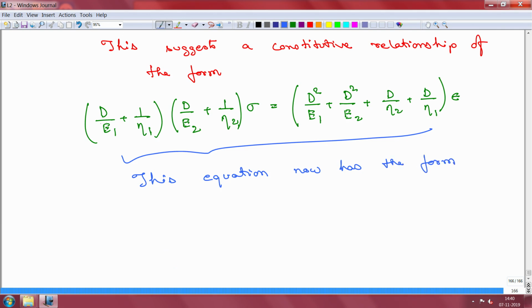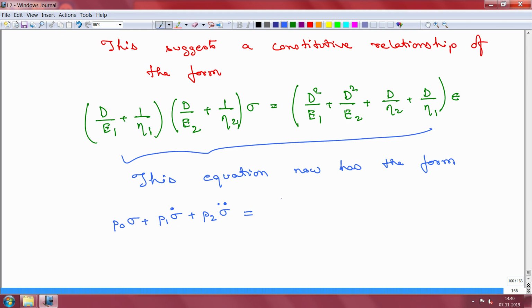Here you will have a double derivative of stress, a single derivative of stress, and also one term with only stress. So, the left hand side is of the form P naught sigma plus P 1 sigma dot plus P 2 sigma double dot. But the right hand side has a double derivative of the strain, a single derivative of strain, but does not have any other constant term.